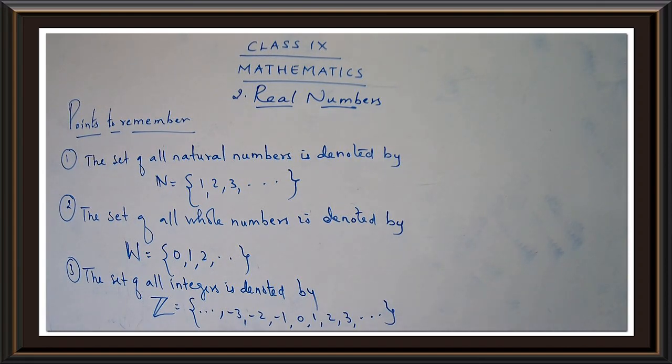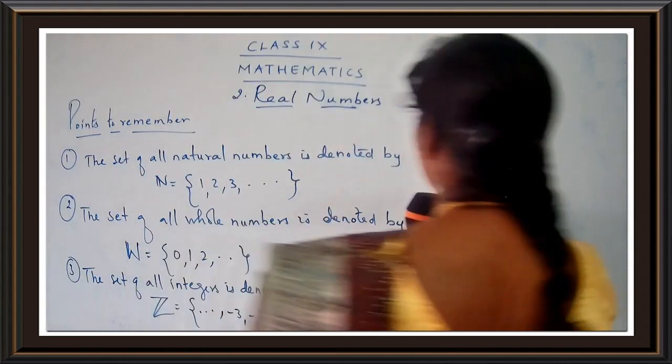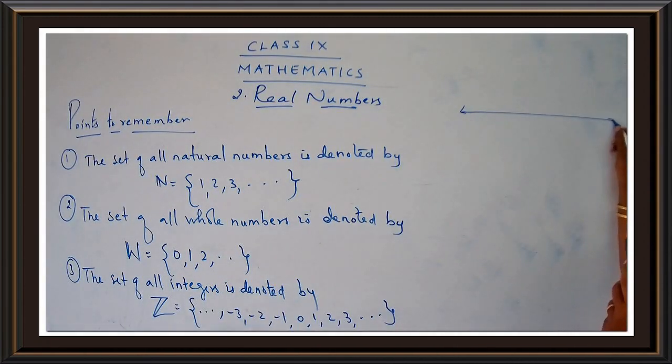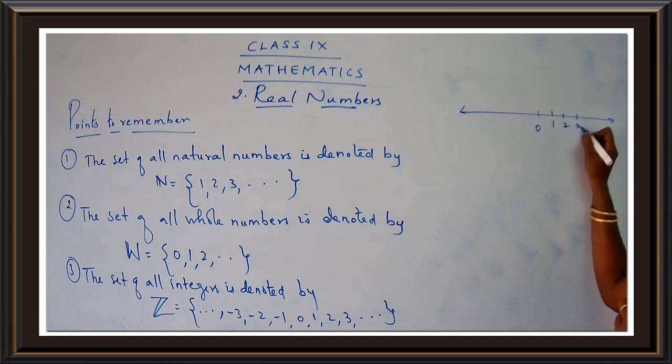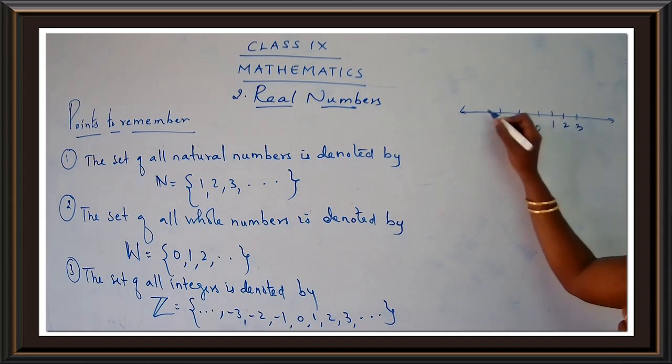So you people have to remember the number line for the integers. Okay, children? Just remember the number line whenever you go for the integers. Integers means we have a 0 in the origin, then we have all the positive numbers this side and we have all the negative numbers this side.